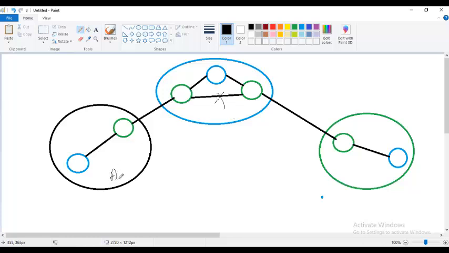No routes from area 10 will go to area 20. Why? Because there is no L2 here. If there is no L2, other area routes cannot be distributed. Other area routes will not be learned in L1. Okay?